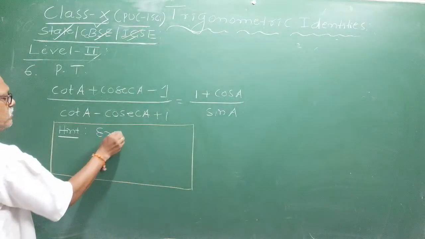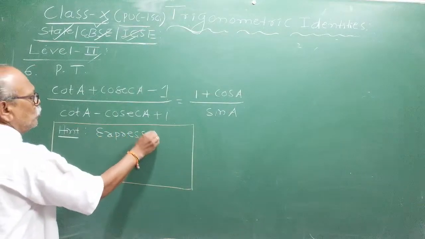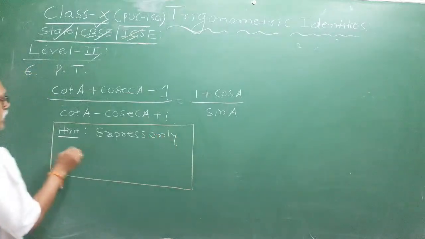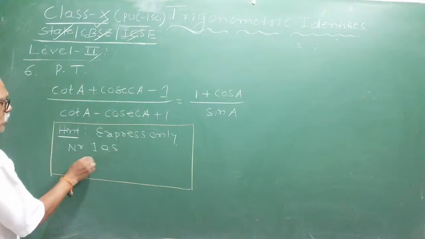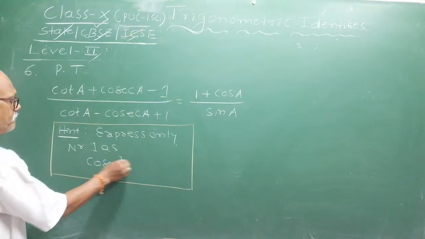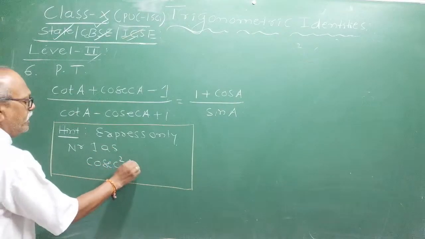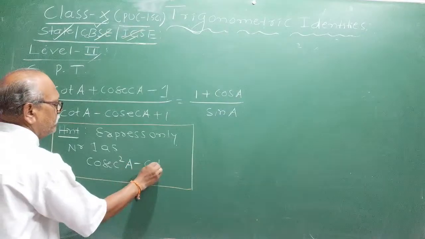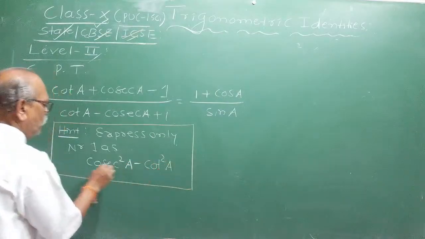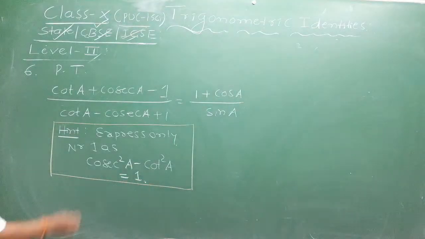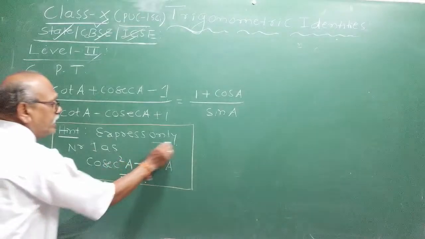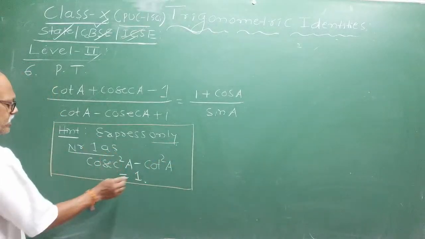Express only numerator 1 as cosec square A minus cot square A, because you know that cosec square A minus cot square A can be written as 1. Only numerator, don't touch.